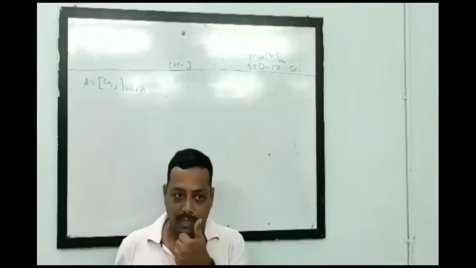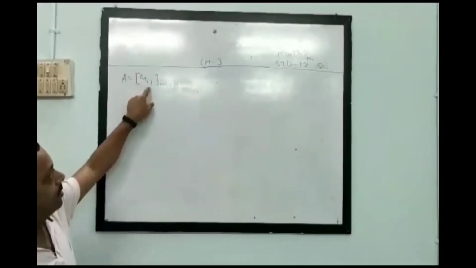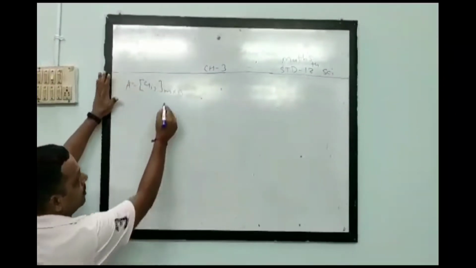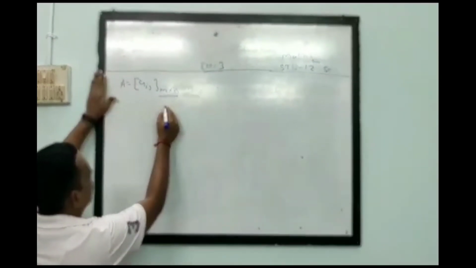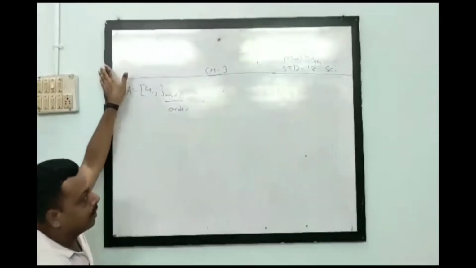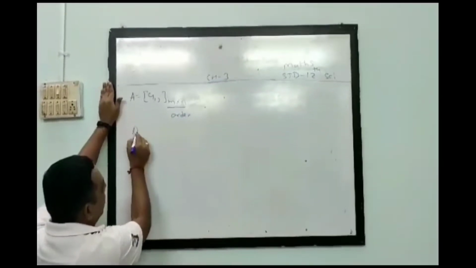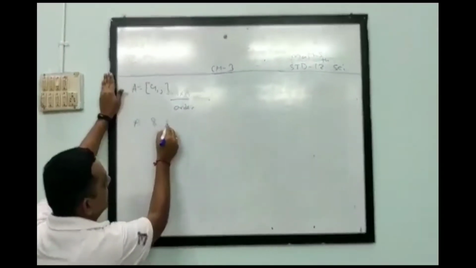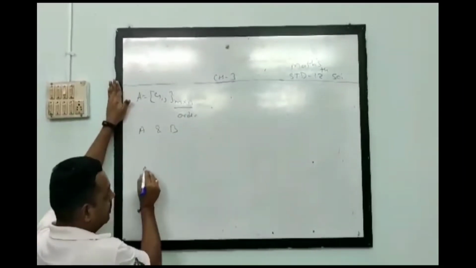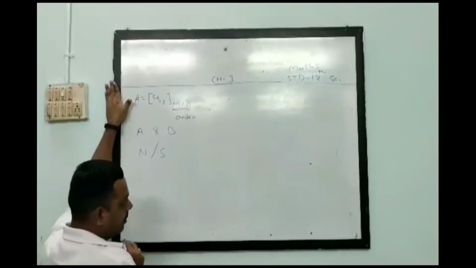Good morning students. In the last class we studied Aij, m cross n, where m cross n is nothing but the order of the matrix. When we want to add both matrices A and B, there are some necessary as well as sufficient conditions.